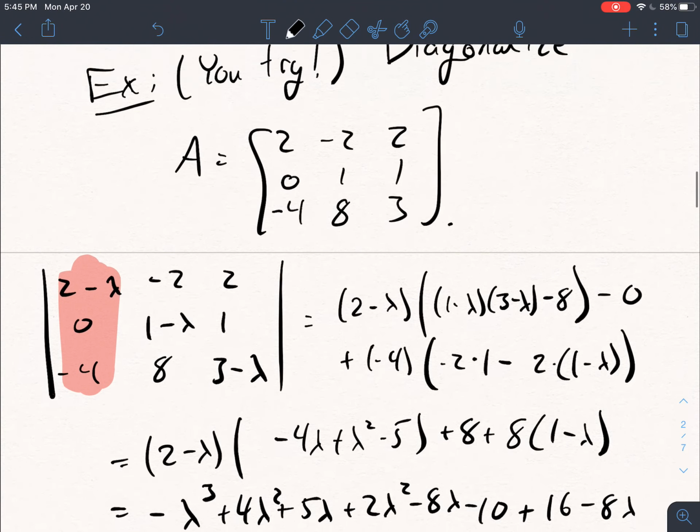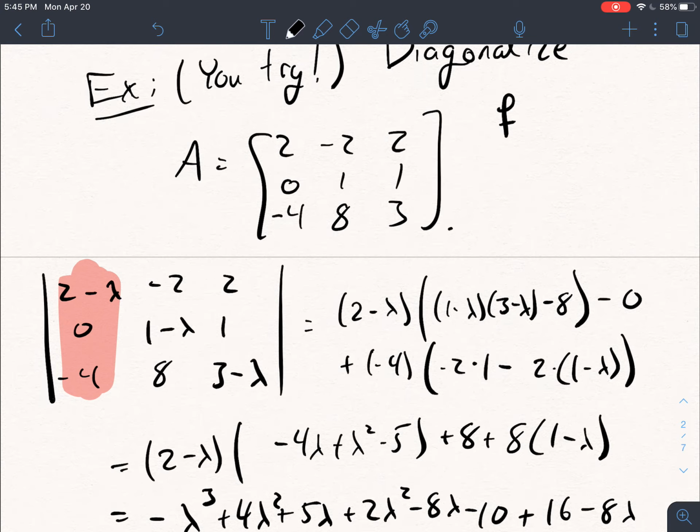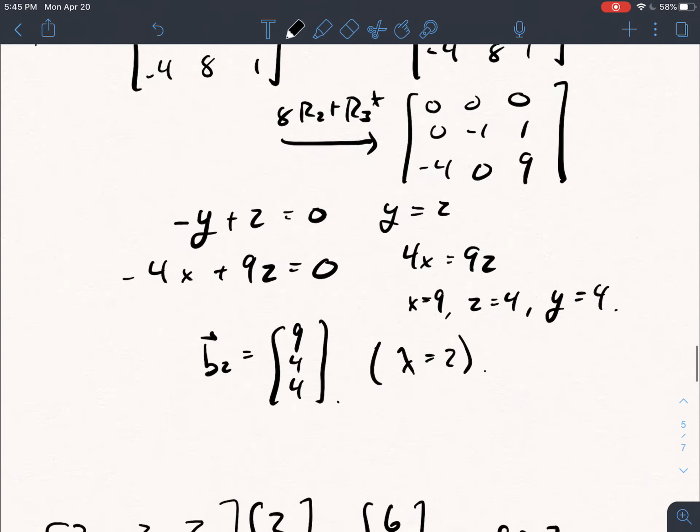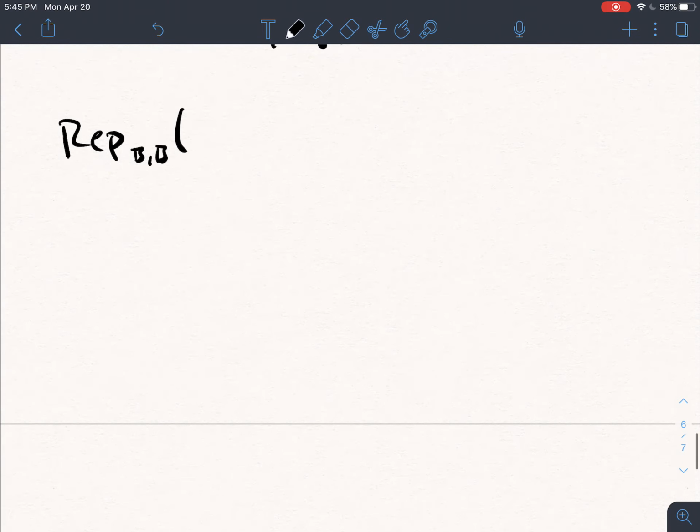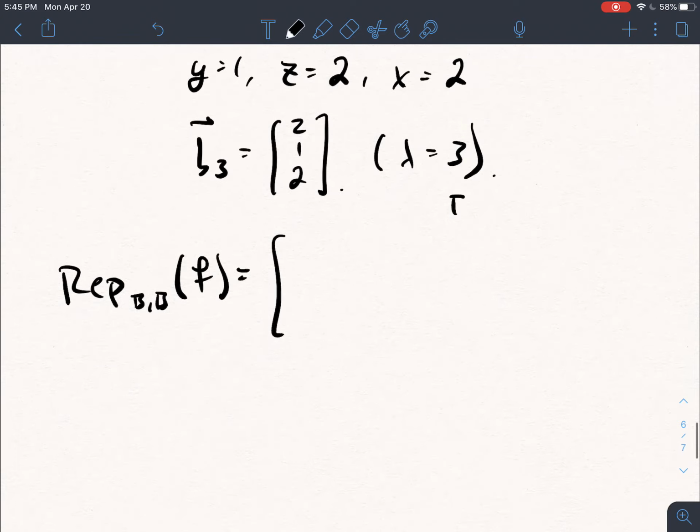So this tells us that rep B to B of, do I have a function f? So let's say that f of a vector is equal to A times the vector. So f is the function such that A is the representation of f with respect to the standard bases.